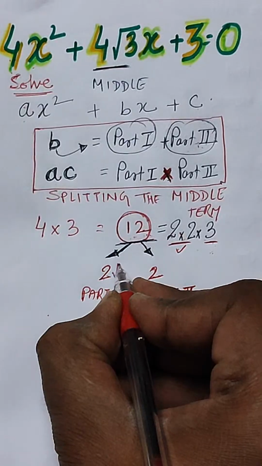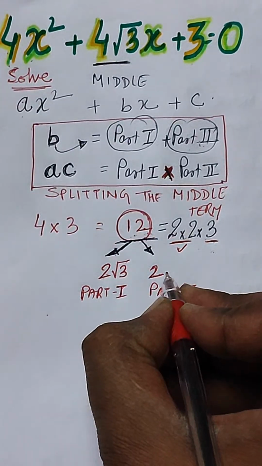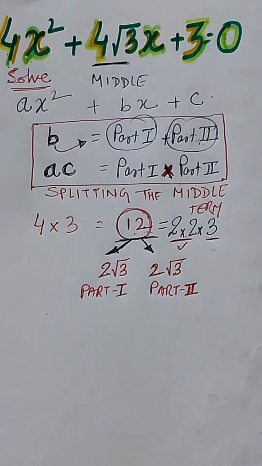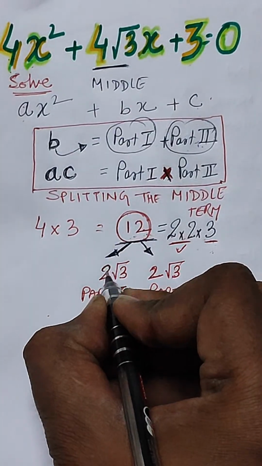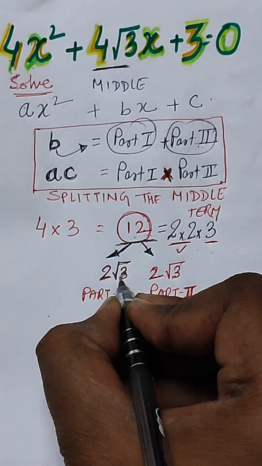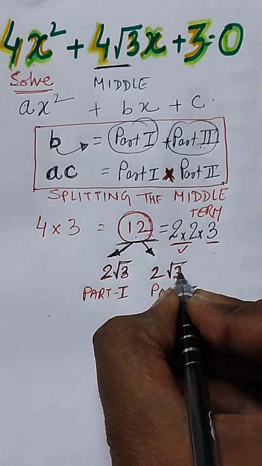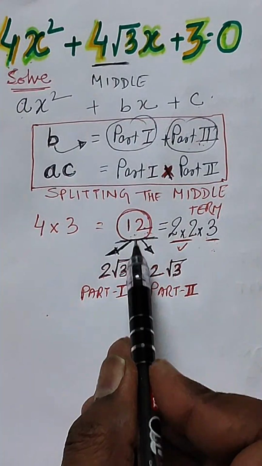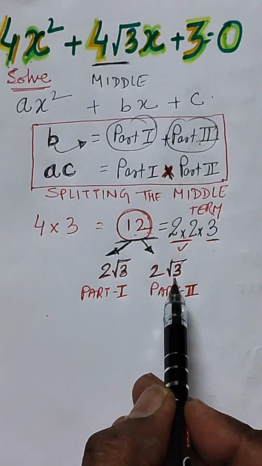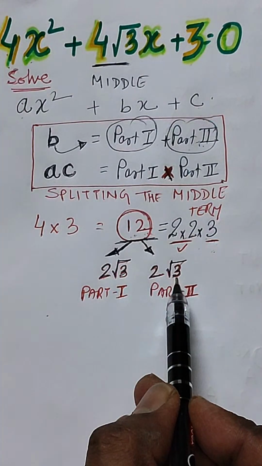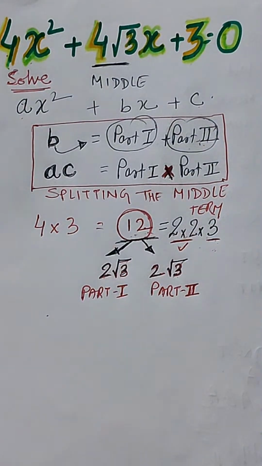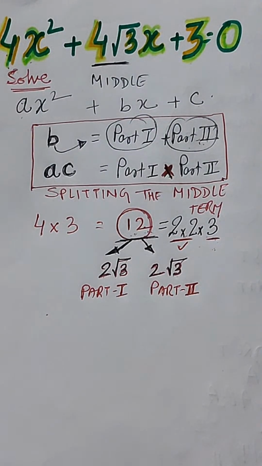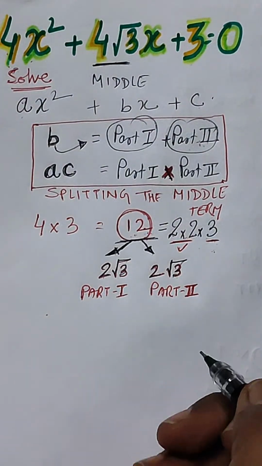So here we can write it as 2 root 3 and here also 2 root 3, so that when you multiply this 2 root 3 with this 2 root 3, as we explained here, a into c, you will get 12. 2 into 2 is 4, root 3 into root 3 is equal to 3. So sum of roots is minus b by a, definitely you are right. And product of the roots is also c by a, right?